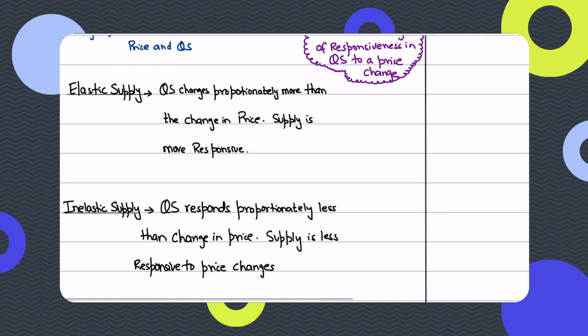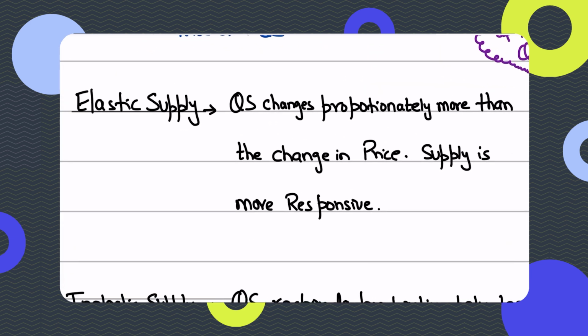So guys, what is elastic supply? Elastic supply simply means that quantity supplied changes proportionately more than the change in price. While saying that producers are more responsive when the supply is elastic is correct, the technical way of saying it, if you're asked to define elastic supply, is what you will write in the definition: that quantity supplied changes or rises proportionately more than the increase in price.